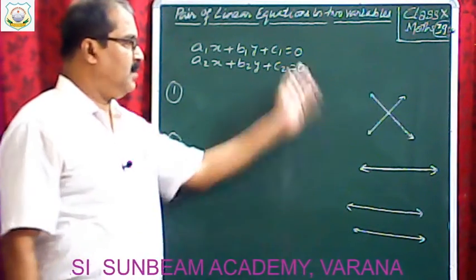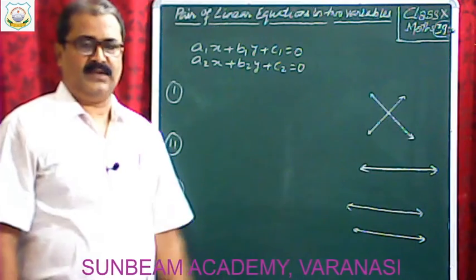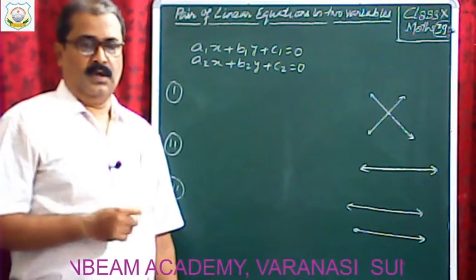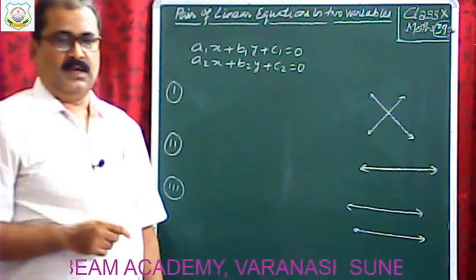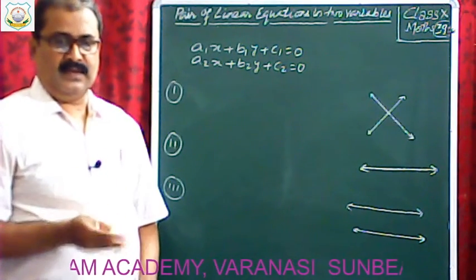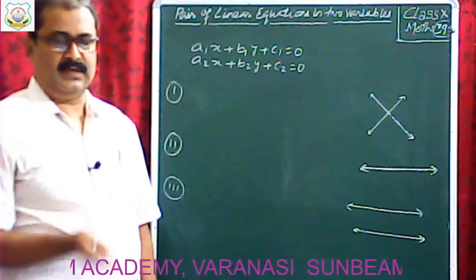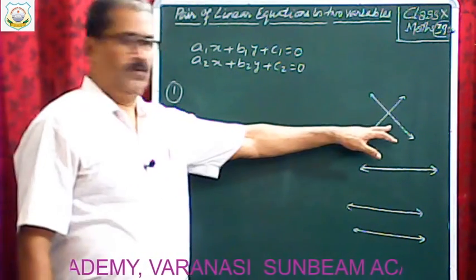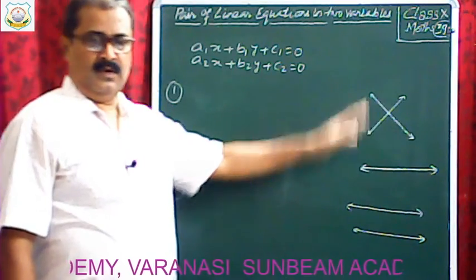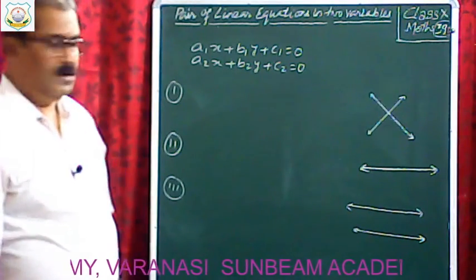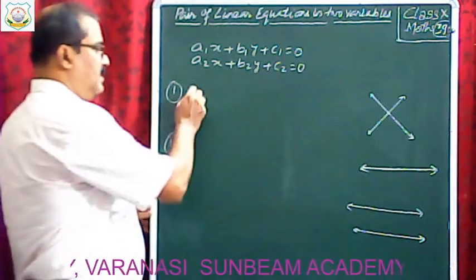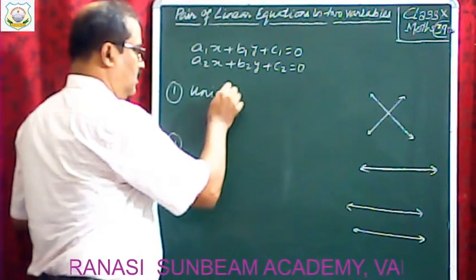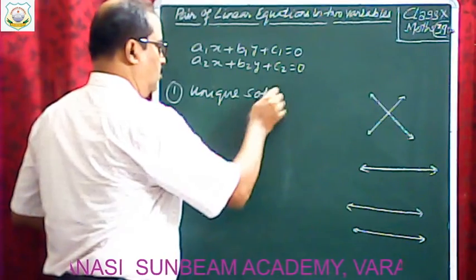So if both the lines intersect at a point, we get a common coordinate of both the equations. Then the x coordinate is the value of x and the y coordinate is the value of y. We get only one solution in case of intersecting lines. Okay, that's why it is known as a unique solution.